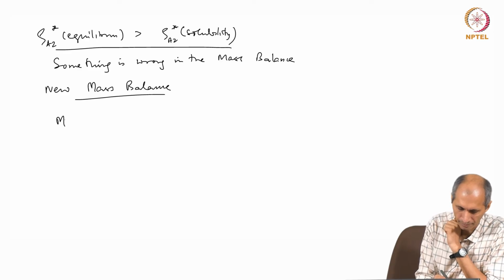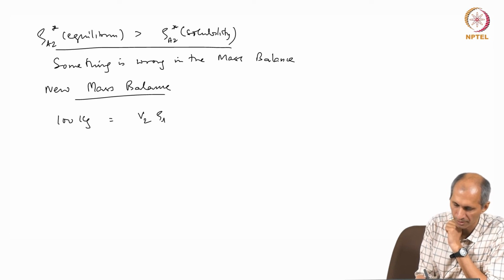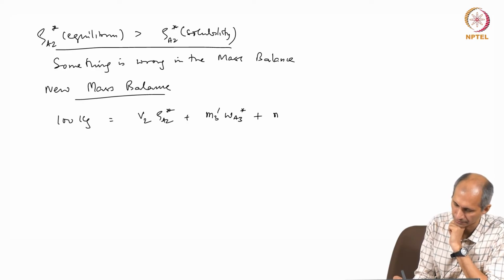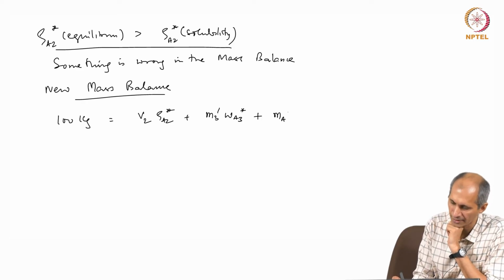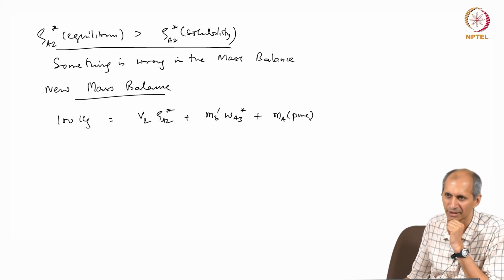The 100 kilograms is now V2 into rho A2 star, plus M3 into K_OC f_OC rho A2 star, plus Ma, the pure undissolved solid.